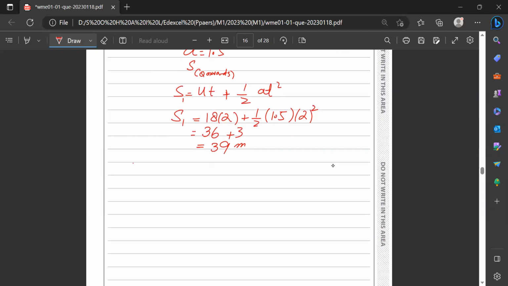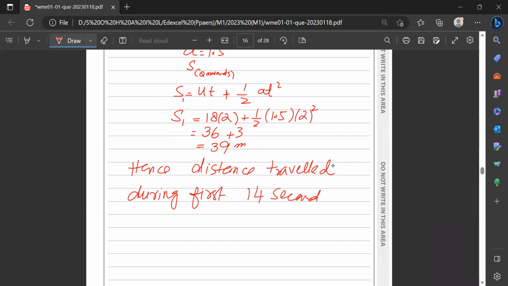So the distance moved, hence the distance traveled during the first 14 seconds is 162 plus 39, so equals 201 meters.